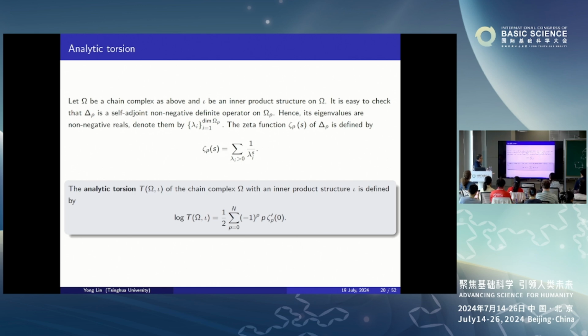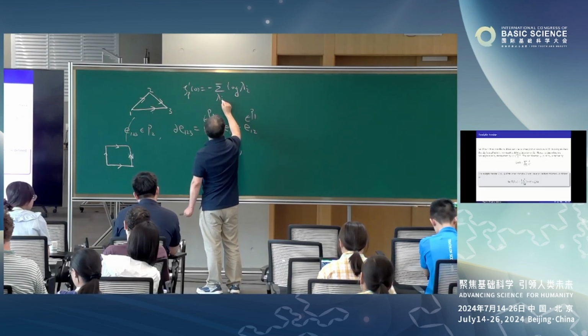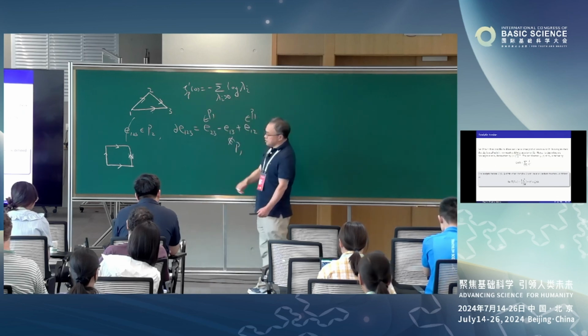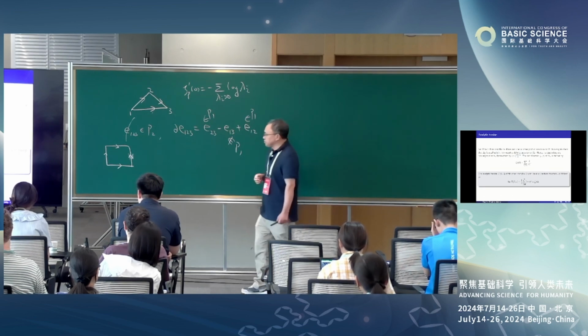The analytic torsion is defined as follows, and because the Hodge Laplacian depends on the inner product, there is an inner product here. The right-hand side is the definition, and you can check this. This is minus, and it relates to all the positive eigenvalues of this Hodge Laplacian.